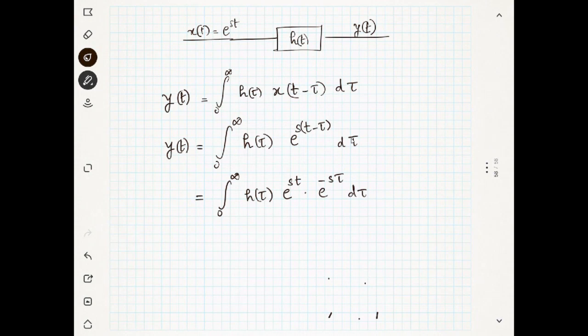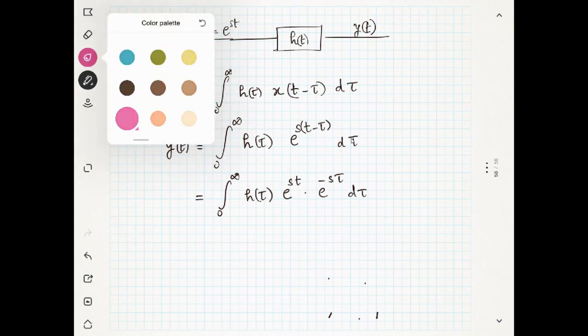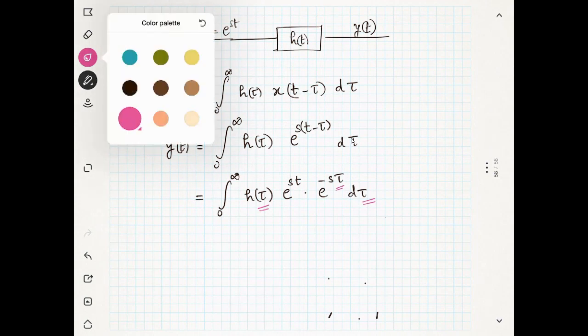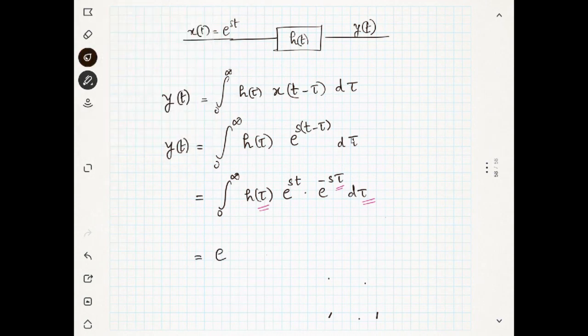I am integrating with respect to tau, so I will take only the variable tau. Other variables will be constant, outside the integral. So I can take my e power st outside, and the integral 0 to infinity h of tau into e power minus s tau d tau.